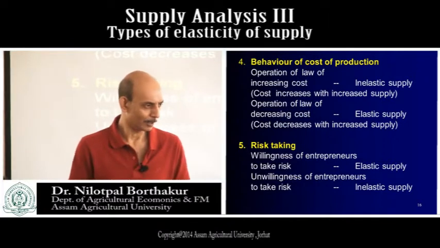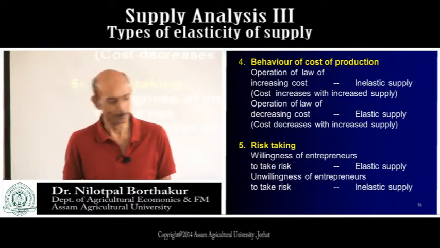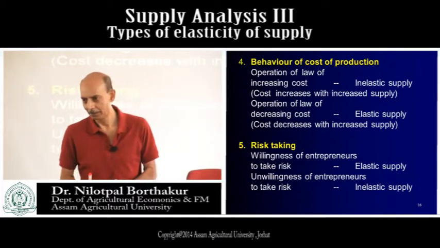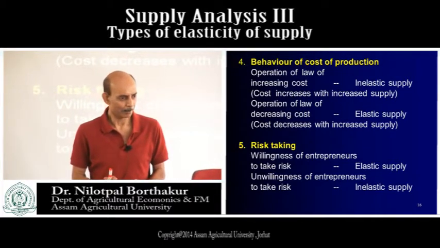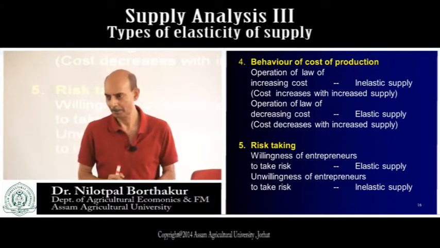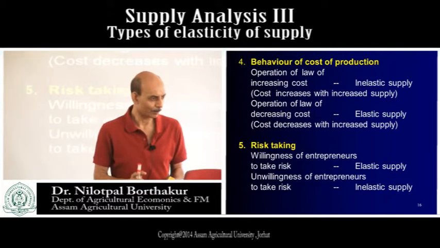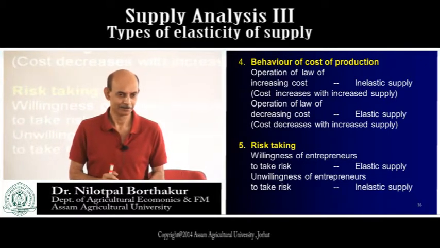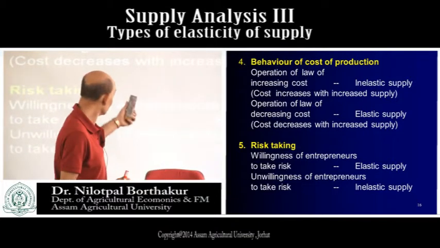There are two situations normally a producer may find himself in. One is, if he produces more, per unit cost of production goes up. Another situation, per unit cost of production comes down. These are the two situations.